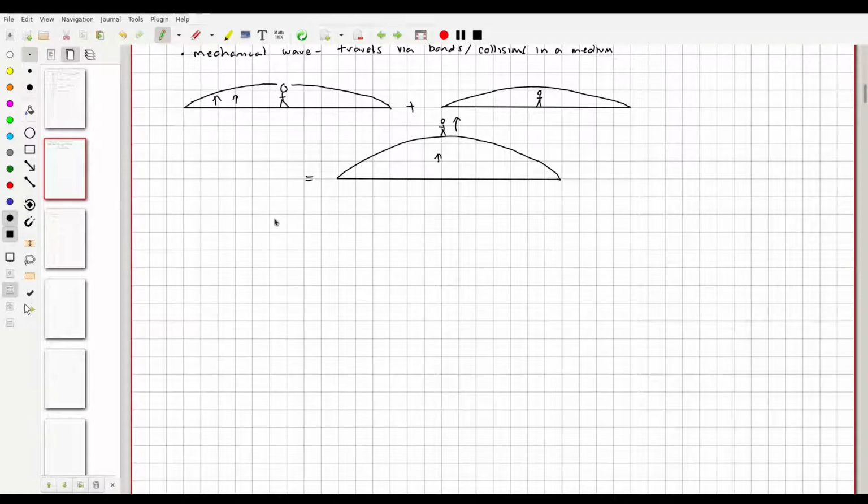On the other hand, imagine a situation to where you're bouncing on a trampoline like this, we'll say. And what you do is you time your up just right with their down.